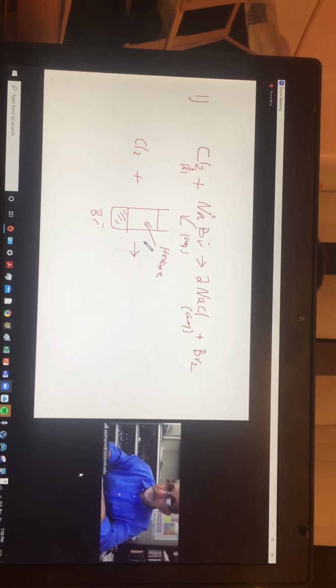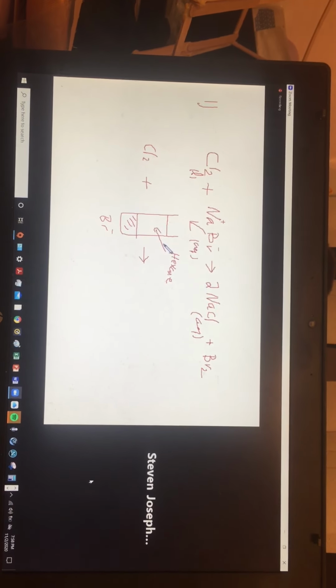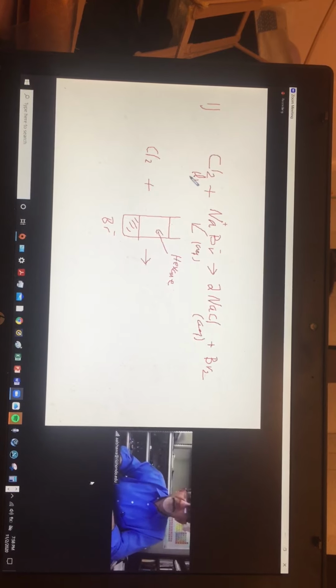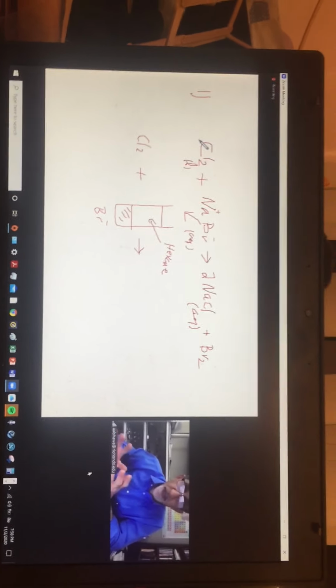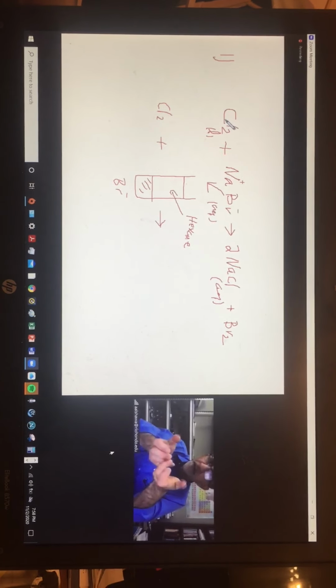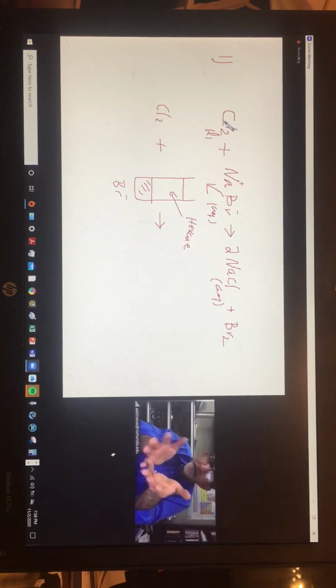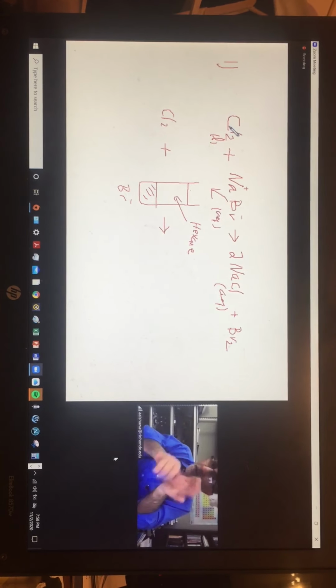Remember the first one? Yeah, go ahead. The chlorine. If there's a reaction, that means chlorine will no longer remain chlorine. It has to somehow crack open and split. If there's no reaction, the chlorine will just sit there and do nothing.